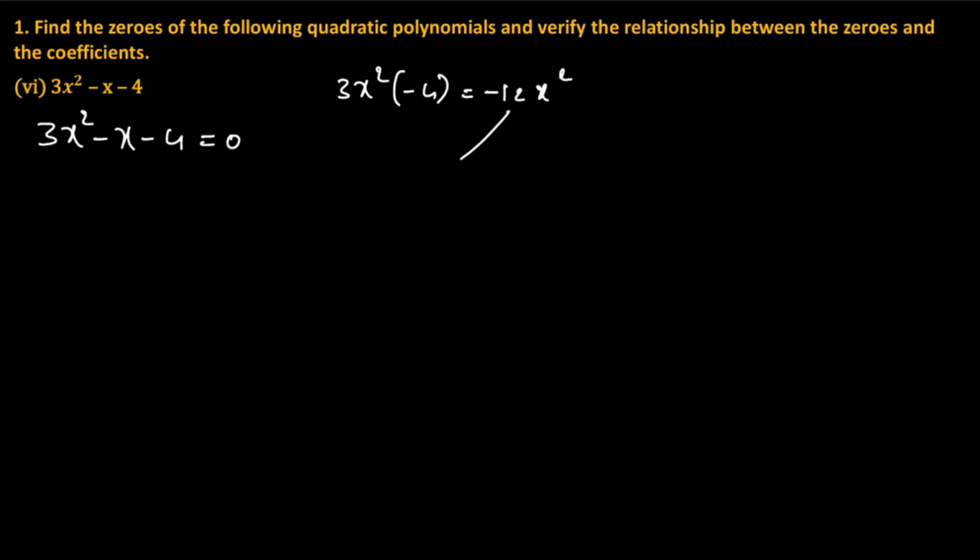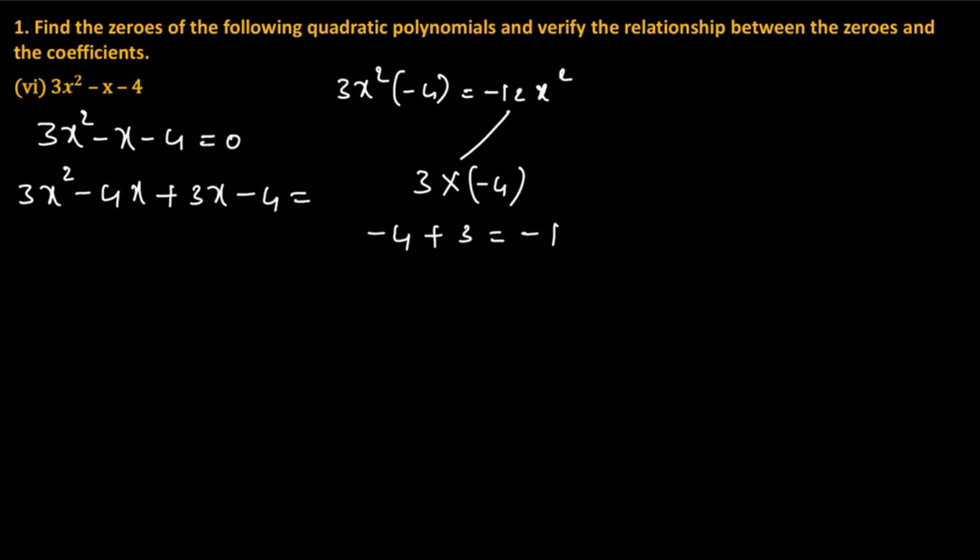Let us find out the roots for minus 12. Directly you can take 3 into minus 4. Why? Because minus 4 plus 3 is equal to minus 1. You need to get minus x only, which is multiplied with the 1. You can write it as 3x square minus 4x plus 3x minus 4 is equal to 0.